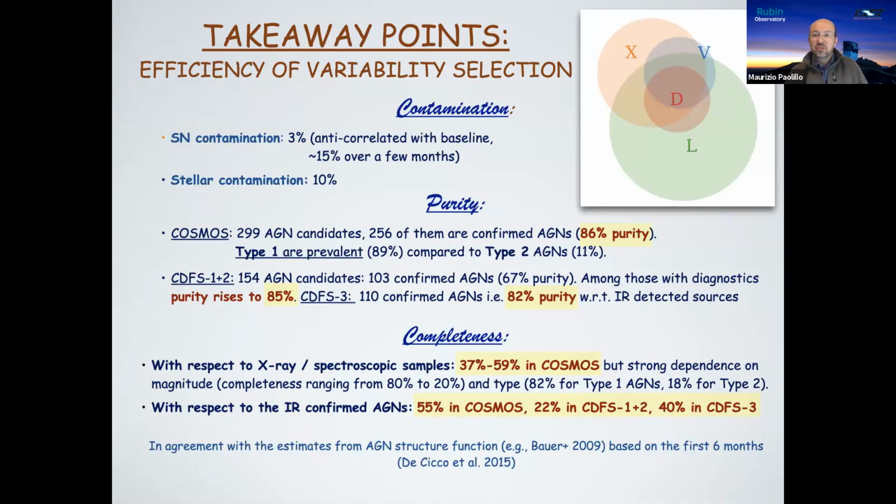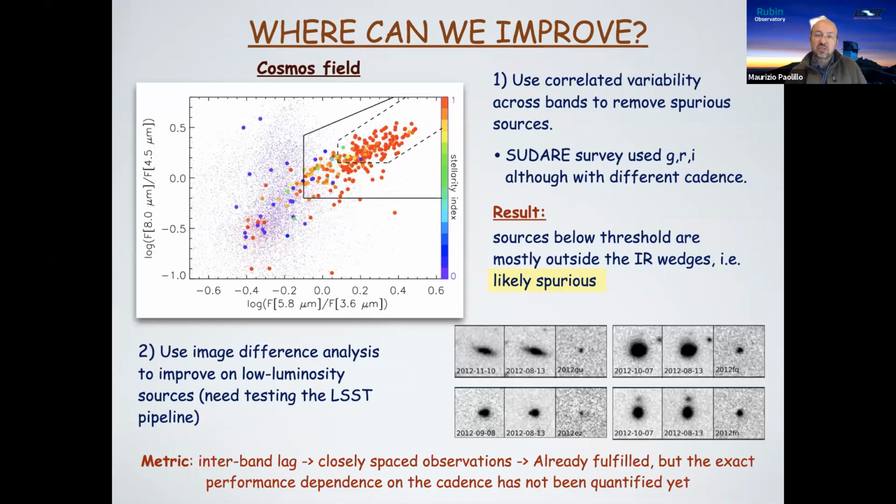So where can we improve this? Of course, there is a lot of space for improvement. For instance, one thing is we try to look at folding in the variability in all bands, because I forgot to tell you, so far this was based only on the R-band light curve, which are the better sampled ones. So once you fold in the light curves in the other bands and you look for correlated variability, then you get this.